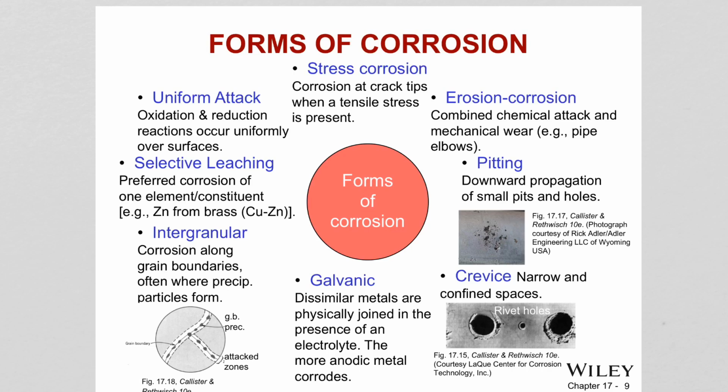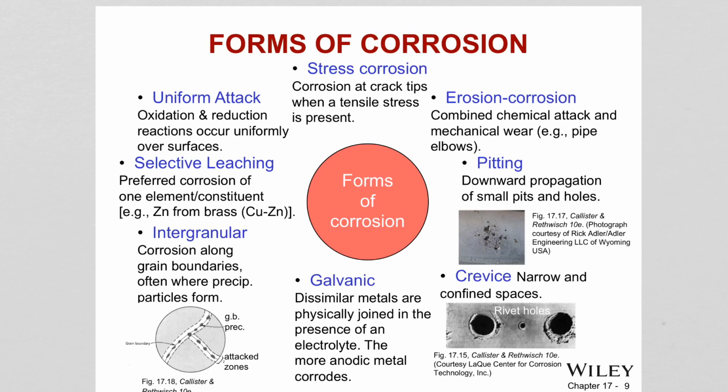That means in a microscopic sense, the oxidation and reduction reactions occur randomly over the surface, such as rusting of steel, iron, etc. This is probably the most common form of corrosion.